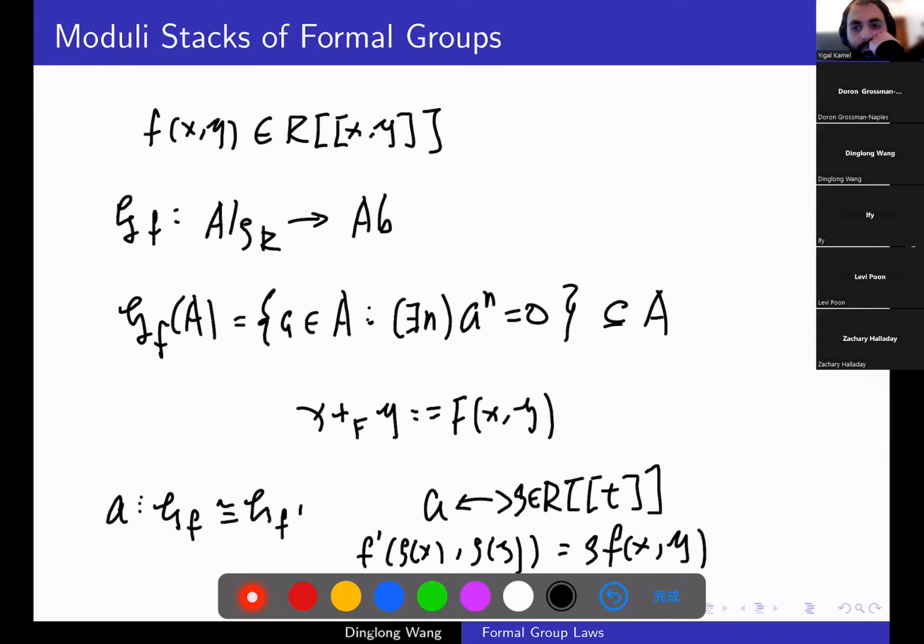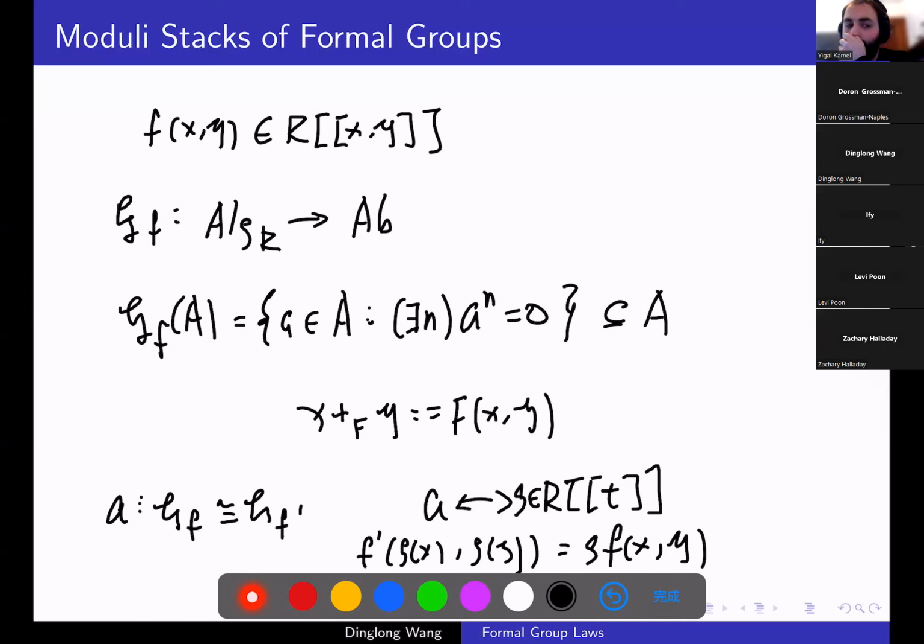There's one problem with coordinatizable formal group laws: they do not satisfy the descent condition. The descent condition is basically the gluing condition for sheaves.